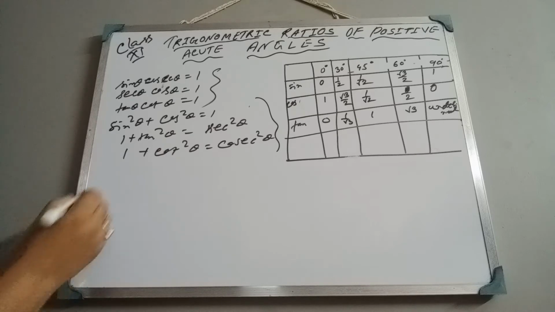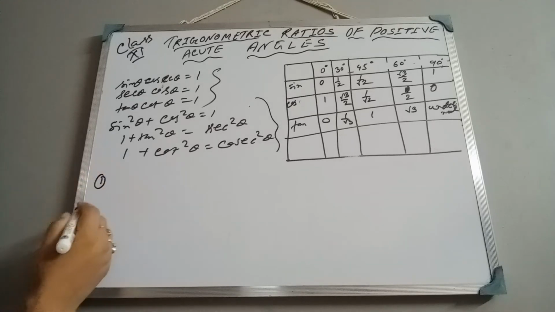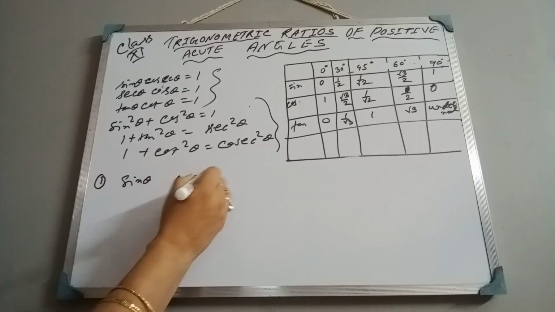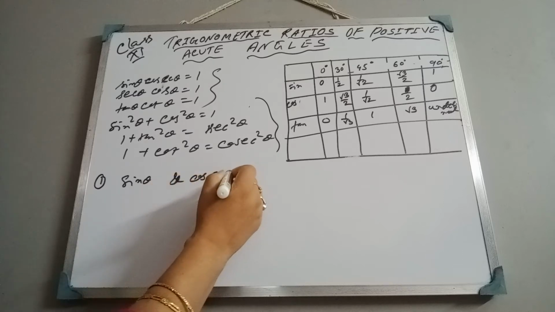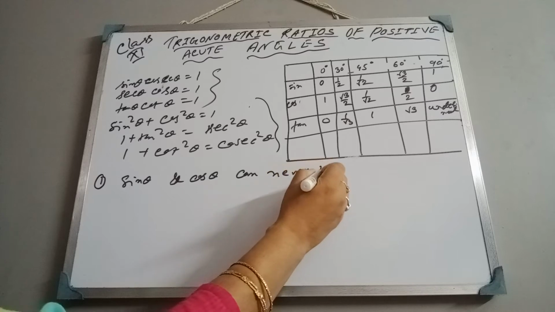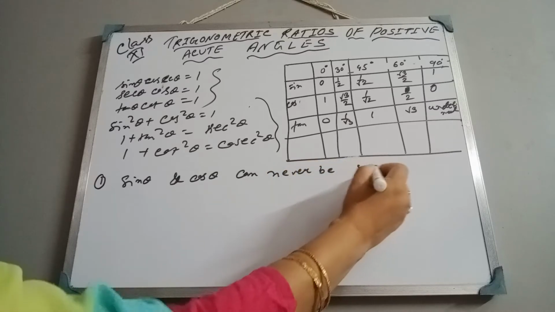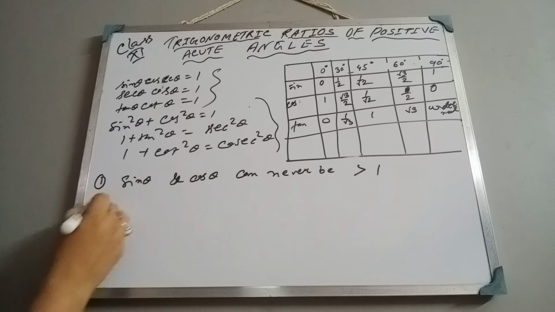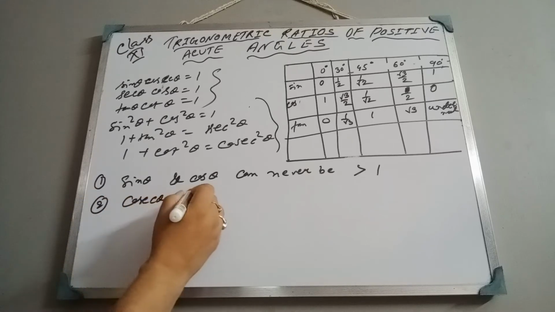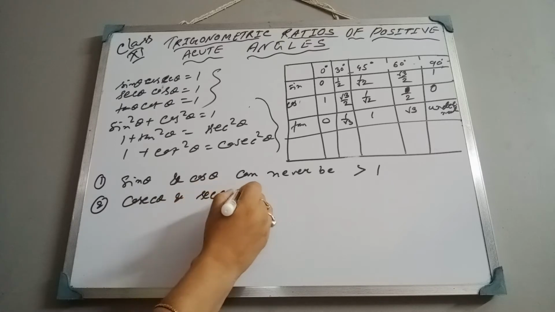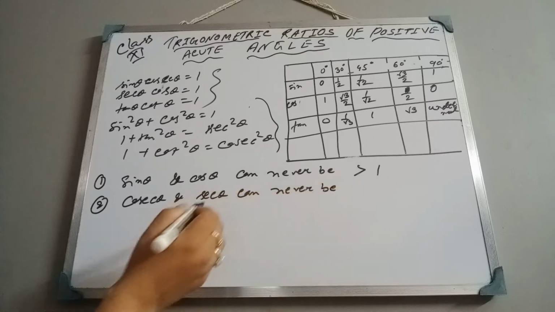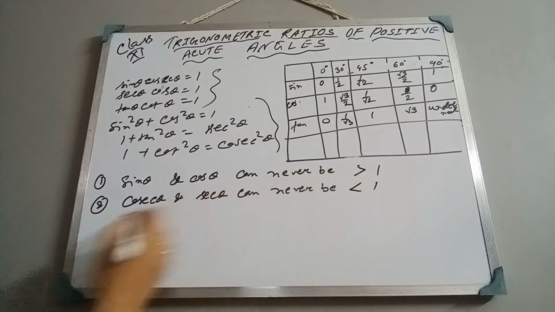Next, these are very important. Number 1, sine theta and cos theta can never be greater than 1. Number 2, cosec theta and sec theta can never be less than 1.